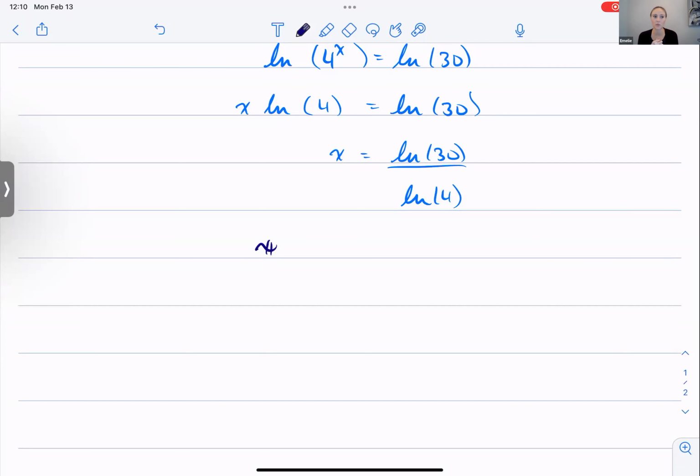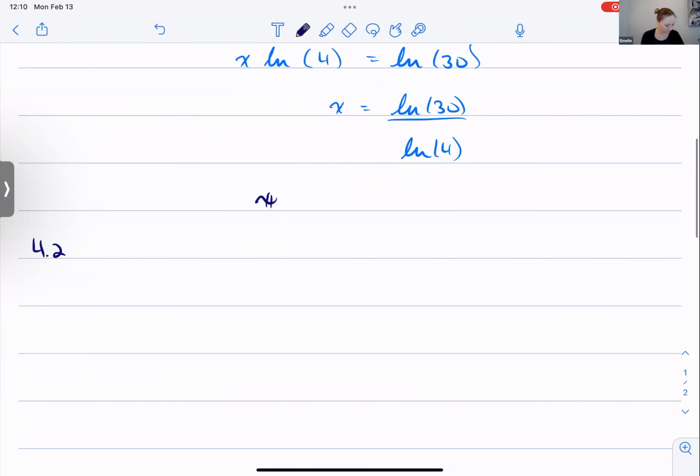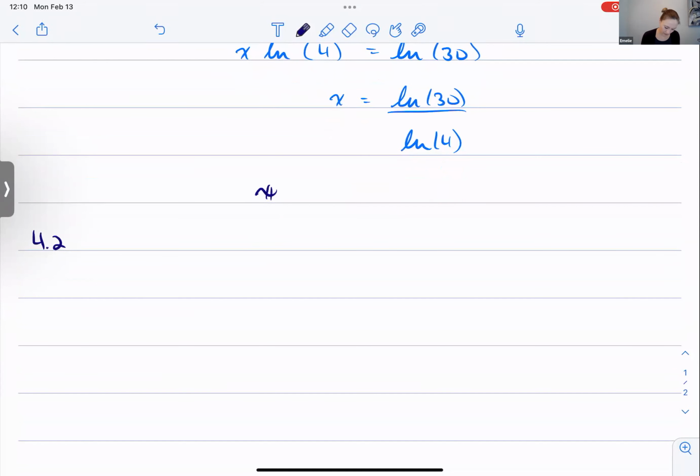And so that's what we're going to start today. And after that, we'll just keep building on these same concepts. It's really important that you understand what happens today and from here on out. Everything else you can kind of fill in as you go, but these concepts are going to be really important. So 4.2 is on simple interest.